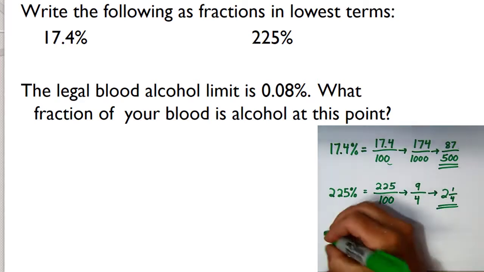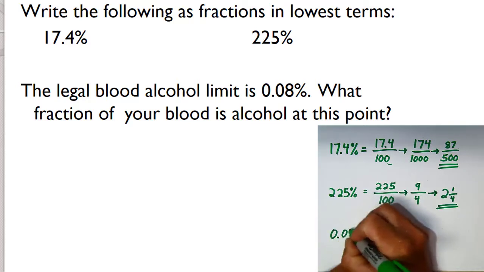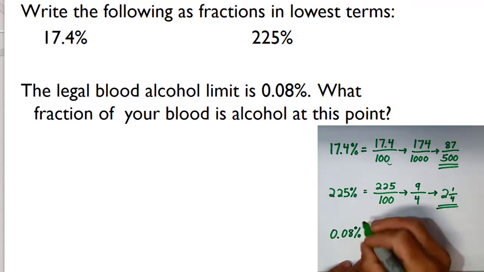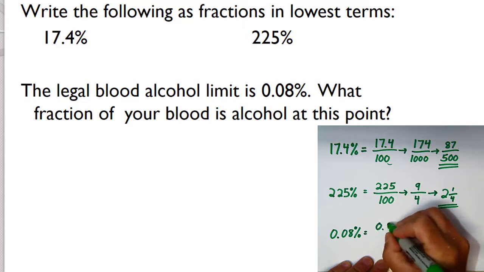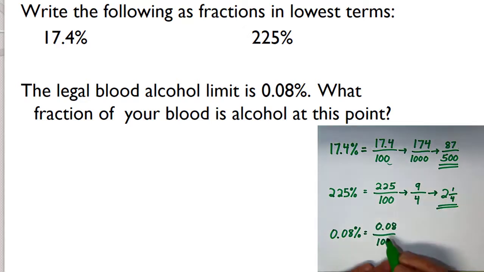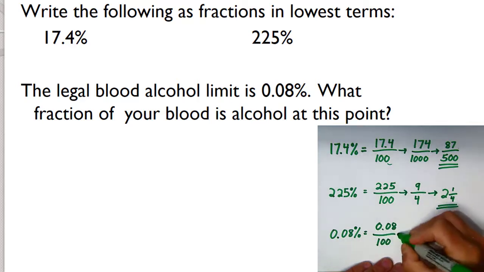Our last one here, the legal limit for blood alcohol content is 0.08%. That's the legal limit to operate a motor vehicle in Wisconsin. 0.08% is a fraction. That's the same as 0.08 per hundred. Percent means per hundred. Now we can chase that decimal out by moving it 2 to the right.